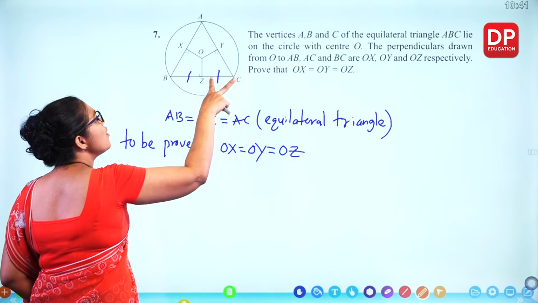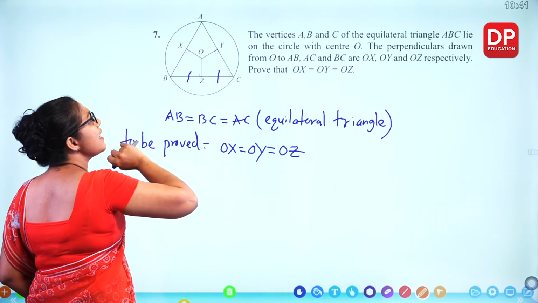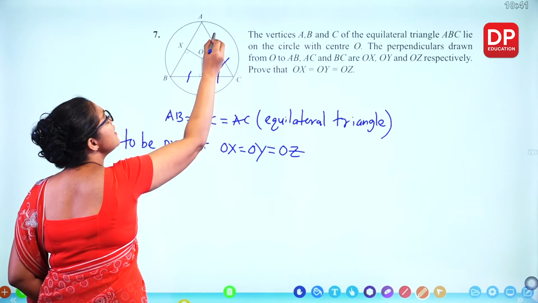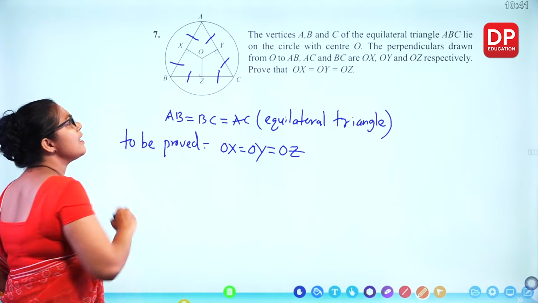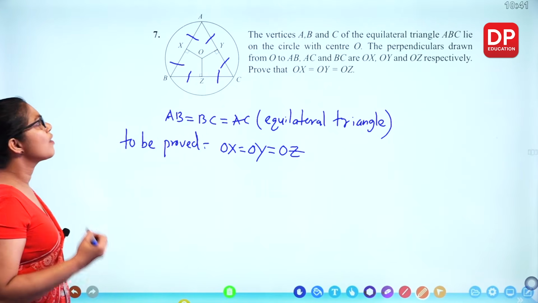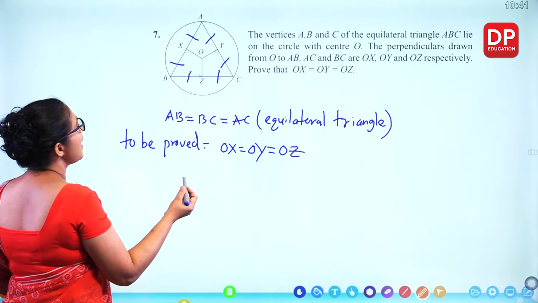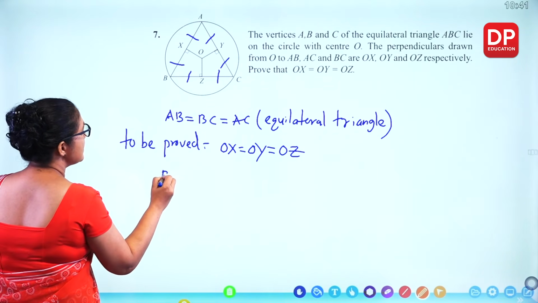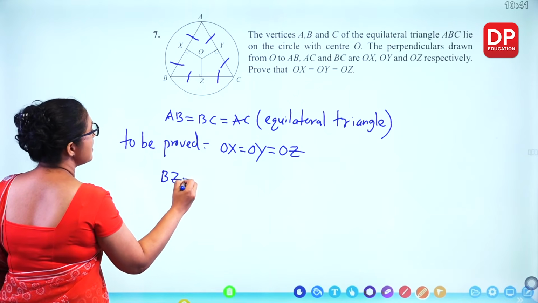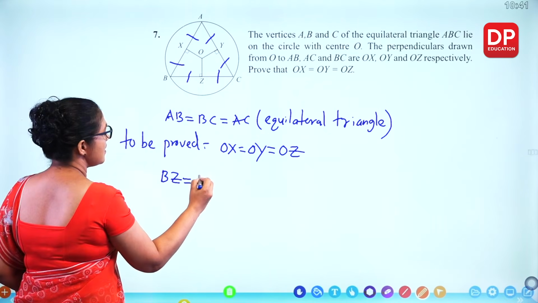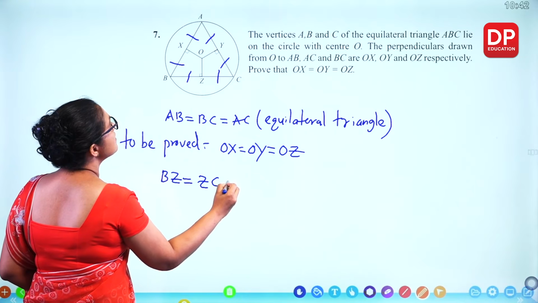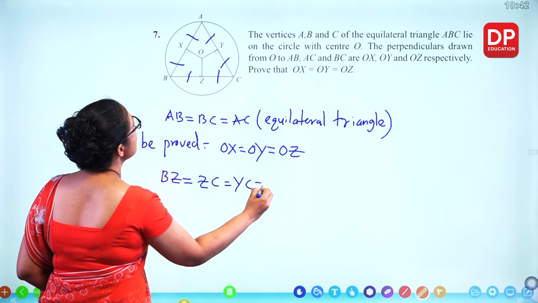And also we know all these sides are equal, which means all these lengths are equal because the chords bisect each other. So here the first thing you can write down is BC is equal to ZC, all these lengths are equal.